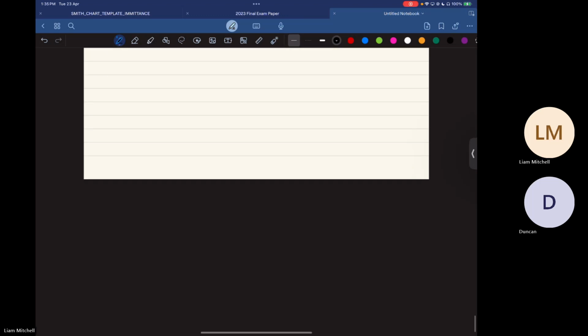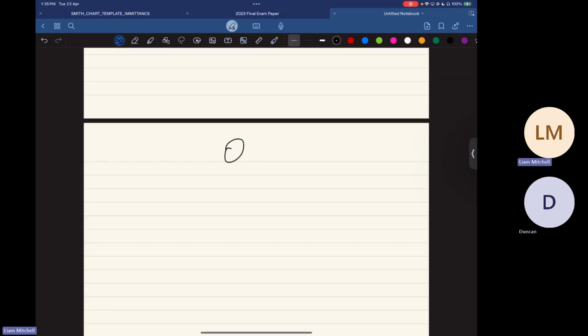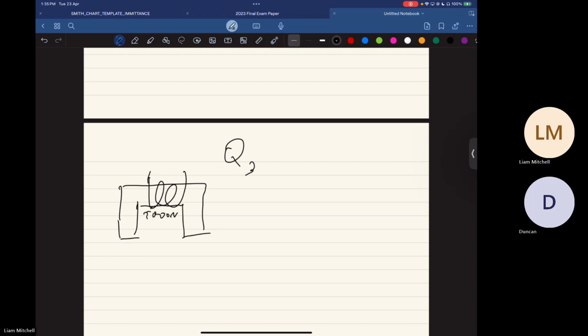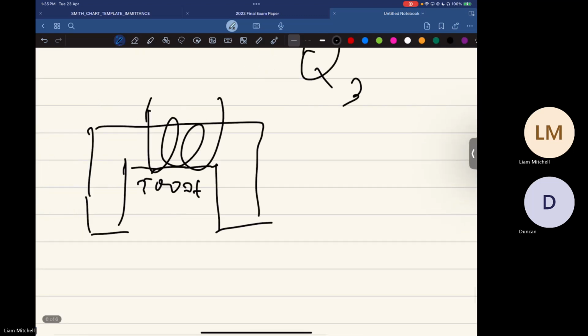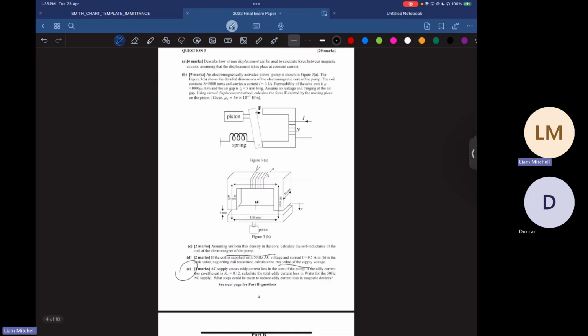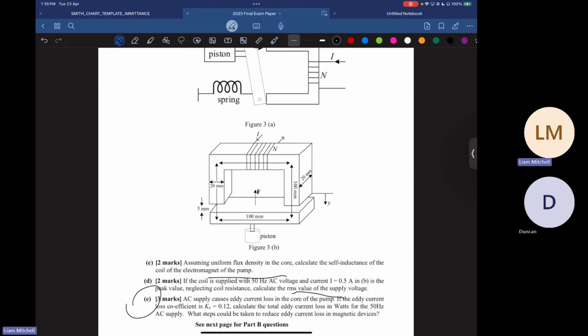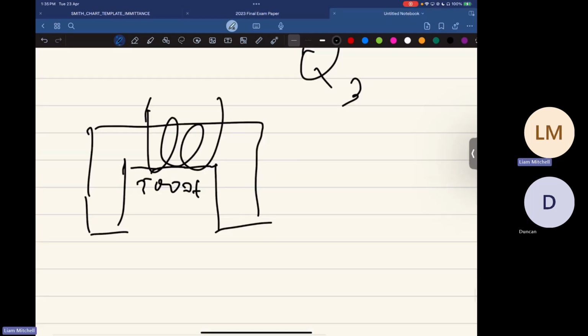So, new page. Question 3. We are given a situation like this. We have a big iron core with a coil on it with 5,000 turns. I'll probably zoom in a bit to save space. And then in the diagram, our size is 0.1 meter, 0.1 meter.